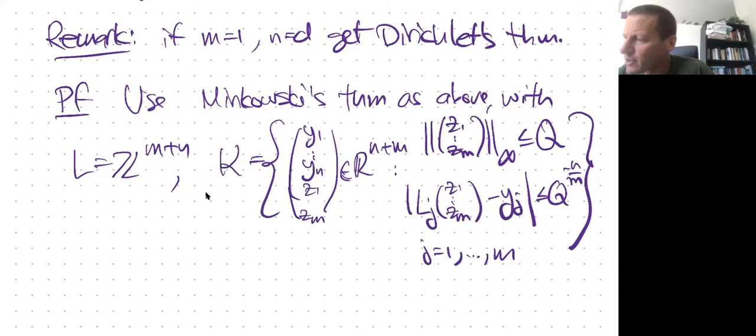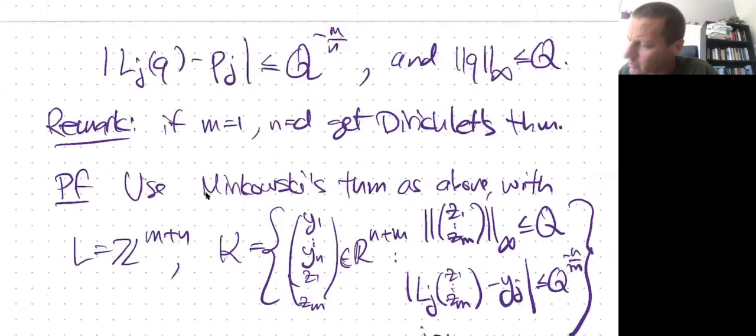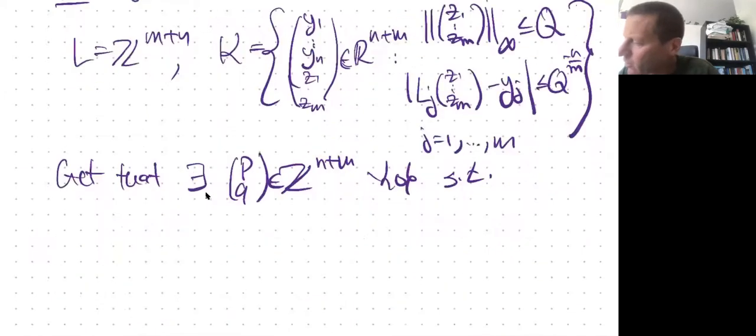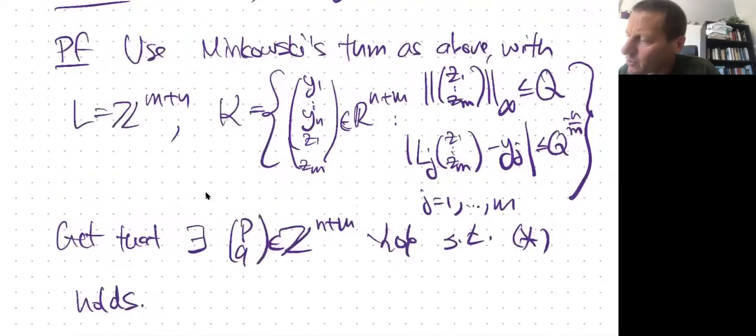So by Minkowski's theorem, there exists a (p, q) in Z^(m+n) non-zero, such that star holds. And again, you want to prove that q, which is now a vector, is not the zero vector, because here q is assumed to be a non-zero vector.